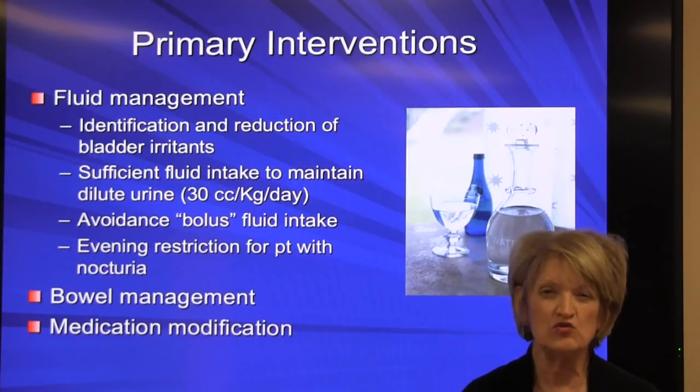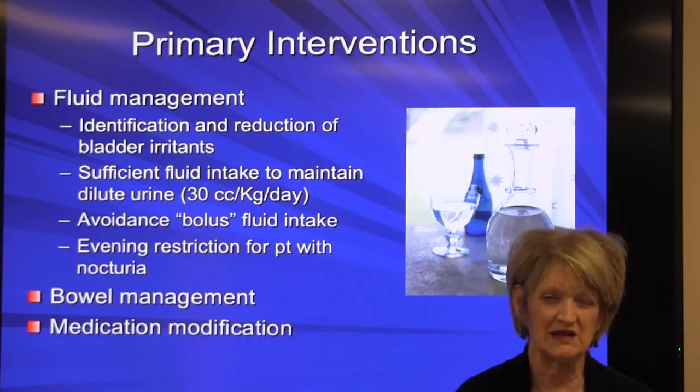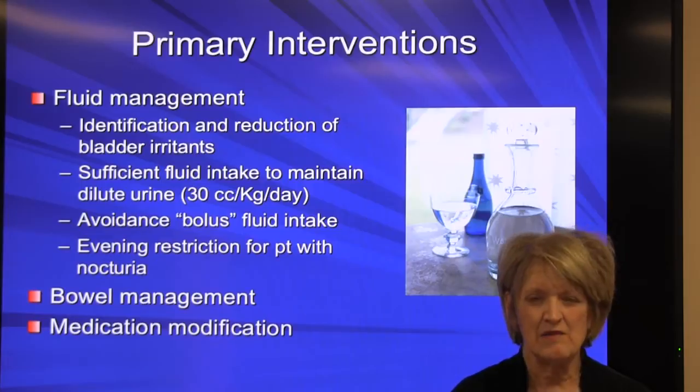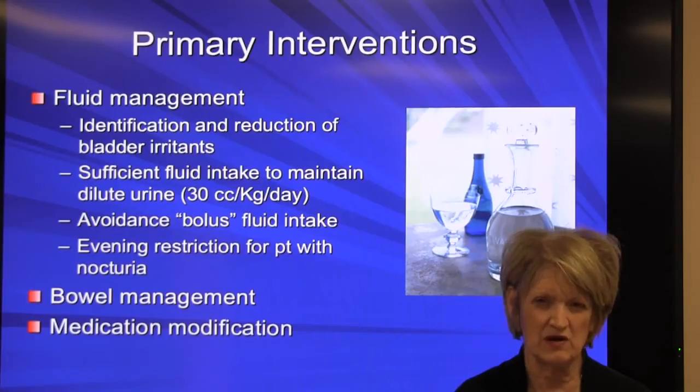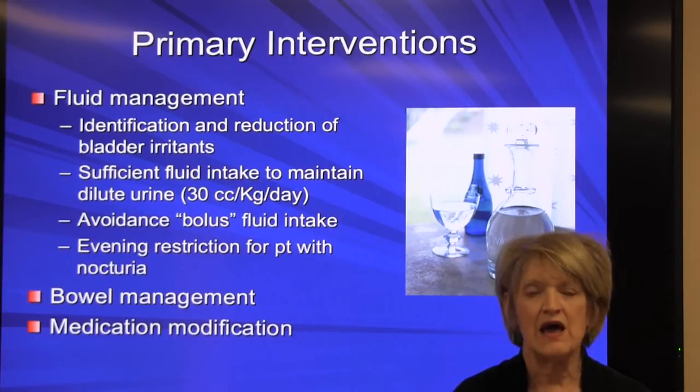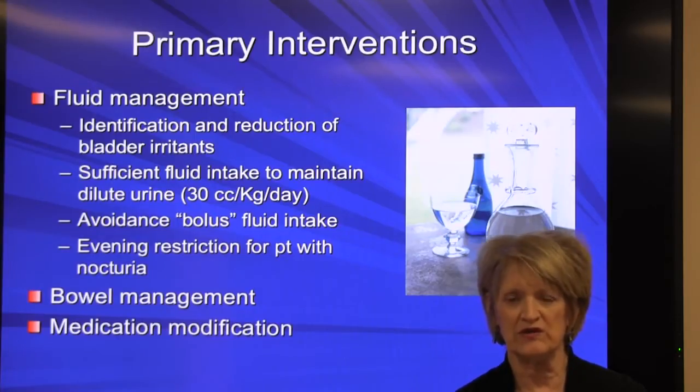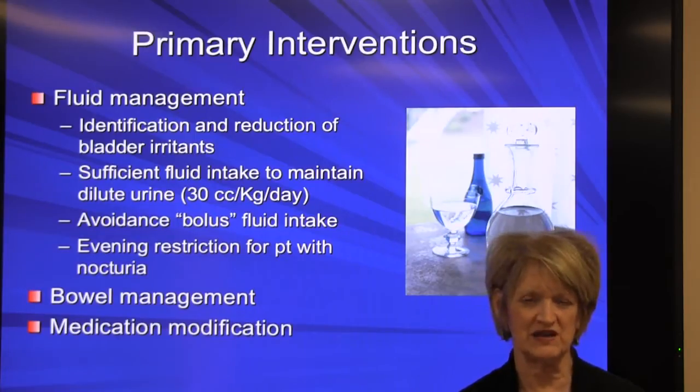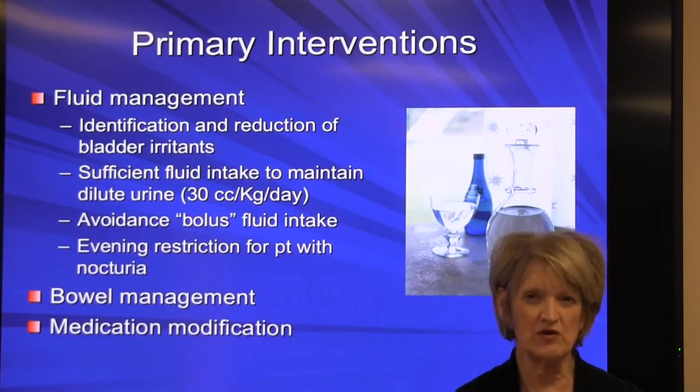We used to really push people to take in at least 2 liters a day, but the emerging evidence suggests that probably 1,500 milliliters is enough for most adult women, and that reducing intake from 2,000 or 2,500 milliliters down to 1,500 milliliters reduces incontinent episodes for a number of women.